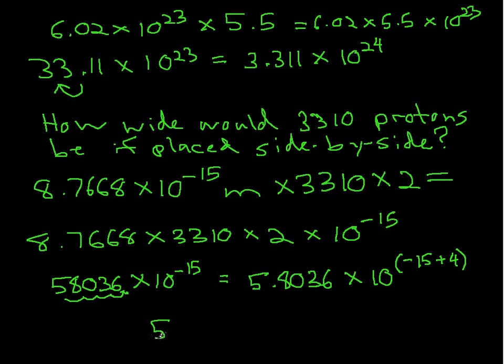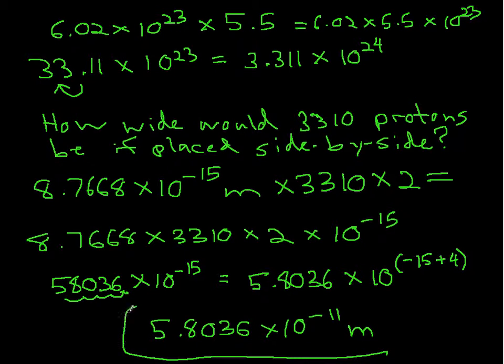So it's really 5.8036 times 10, and negative 15 plus 4 is negative 11 meters. So it's still this really, really small. These protons are really, really small.